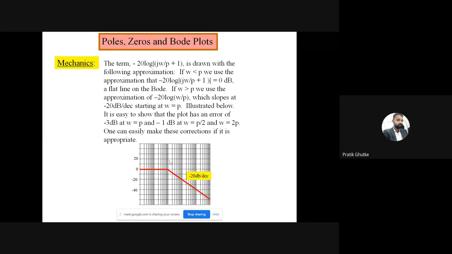But when omega is greater than p, the pole, we use the approximation minus 20 log of omega by p, which slopes as a minus 20 dB per decade line starting at omega equals p.